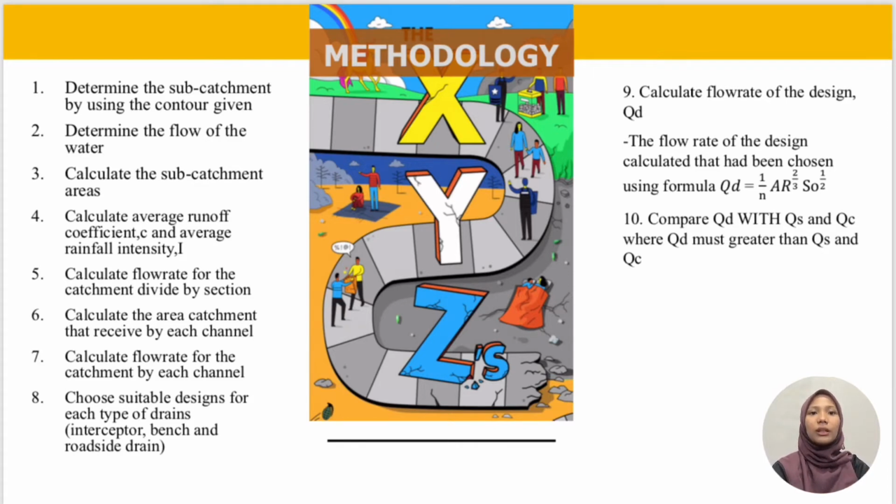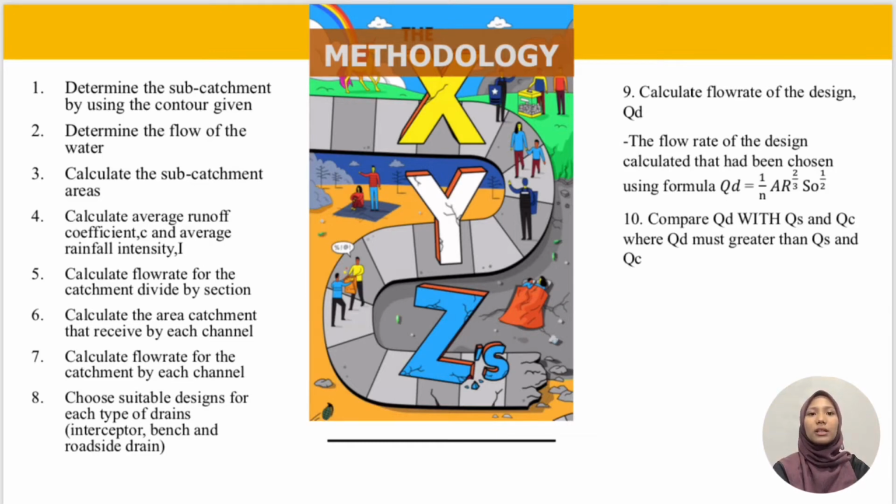After drawing the line along the channel, the flow of the water will end up determined. The subcatchment area for each section is calculated to proceed to the next step. The area must be calculated according to the shape of the channel, whether it is semicircle, rectangular, trapezoid or square.